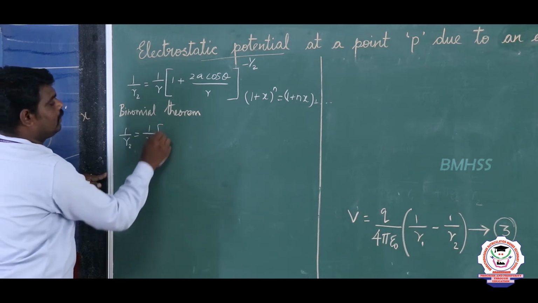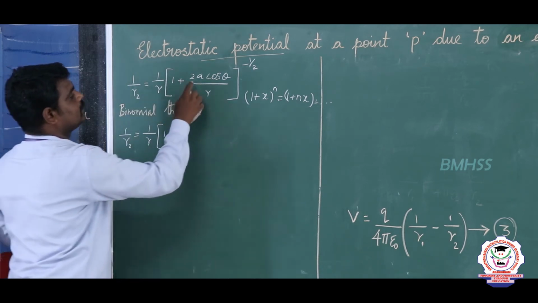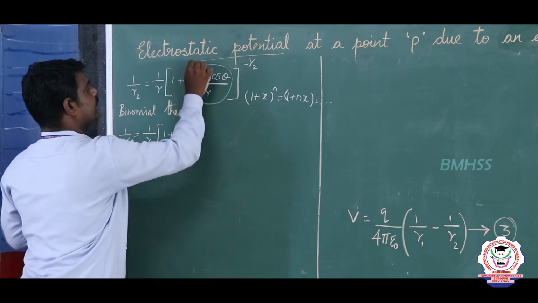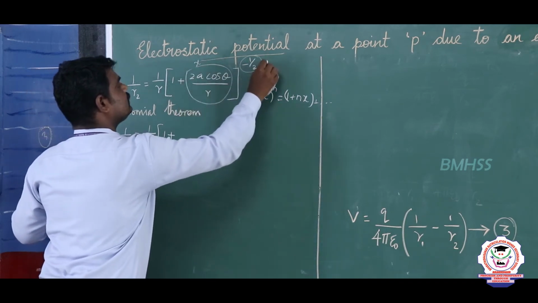1 by R into 1 plus nx, where this term is x and this term is n.